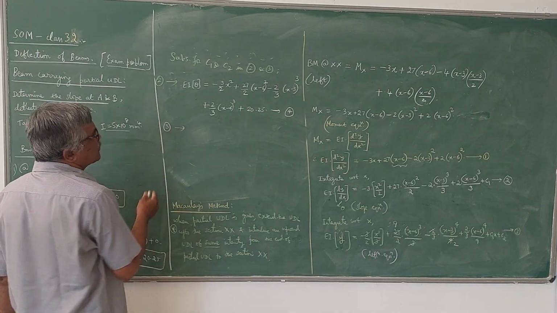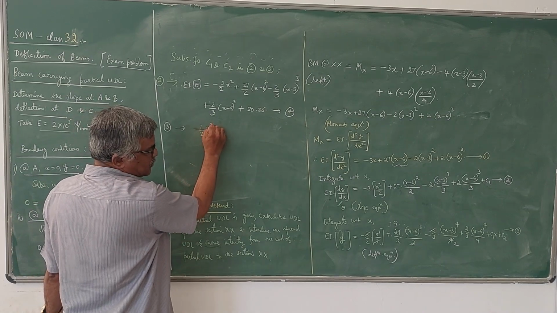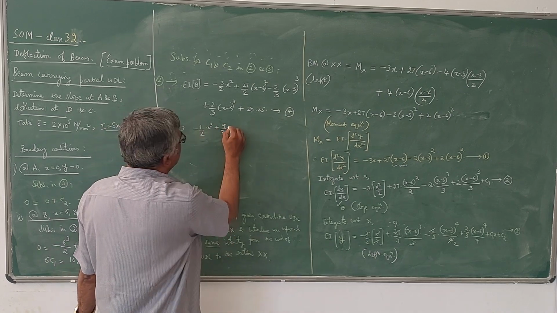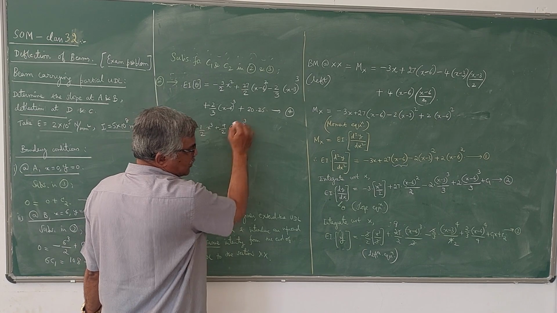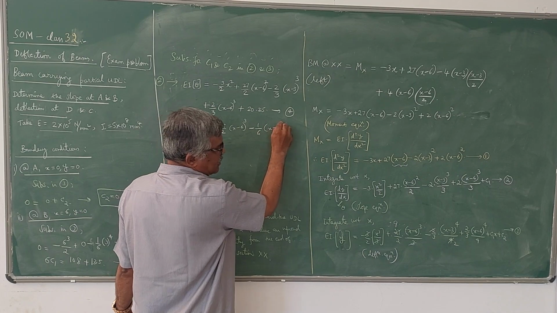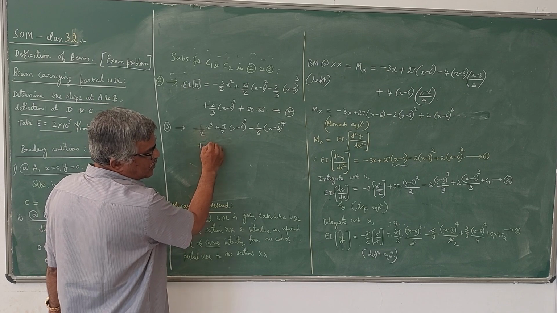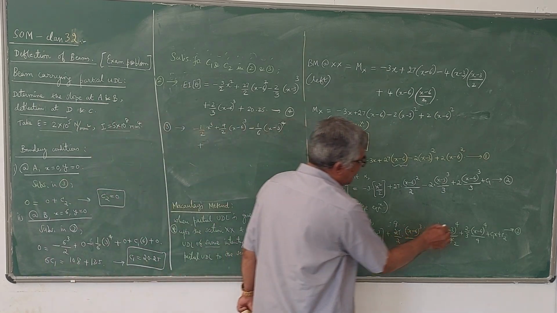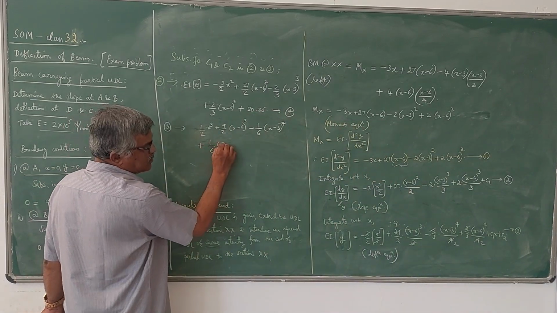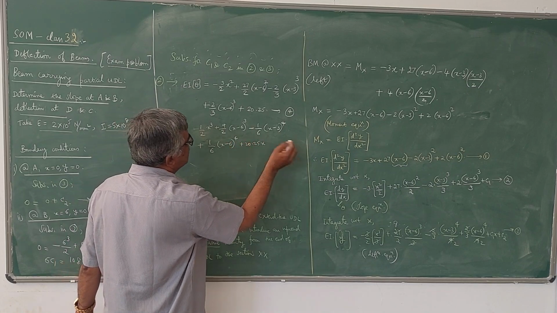Equation 3, if you substitute C1 and C2, minus half into x cube plus 9 by 2 into x minus 6 whole cube minus 1 by 6 into x minus 3 whole power 4 plus 1 by 6 into x minus 6 whole power 4 plus 20.25x plus C2 will be 0.